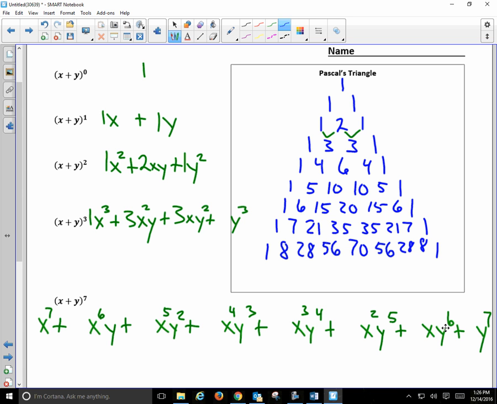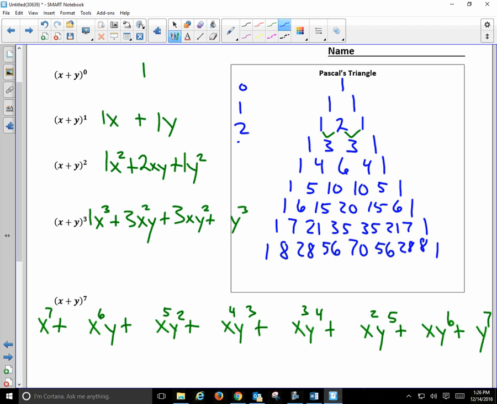This is Pascal's triangle, and you could carry it out as far as you want. There's some absolutely amazing pieces to it. But basically it tells us this. If you have a binomial to the 0 power, the coefficient is 1. If you have a binomial to the first power, the coefficients are 1 and 1. If you have a binomial to the second power, then your coefficients are 1, 2, and 1.